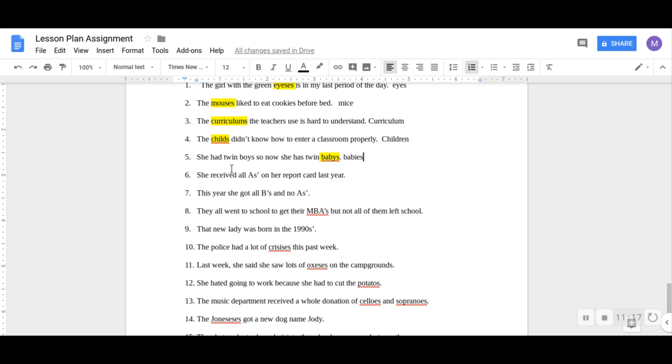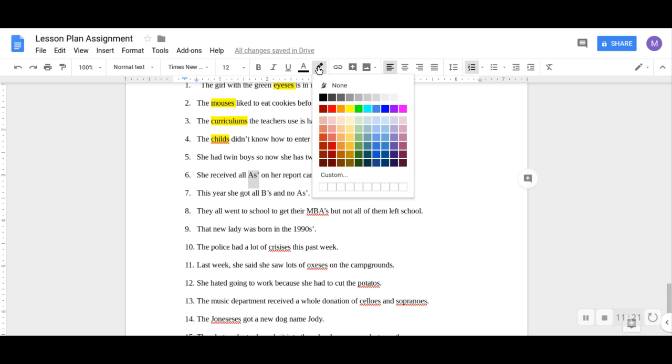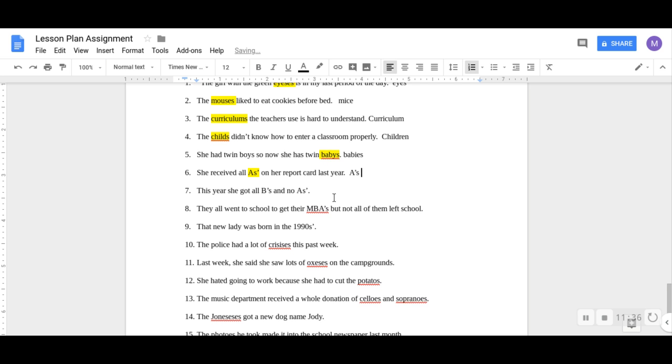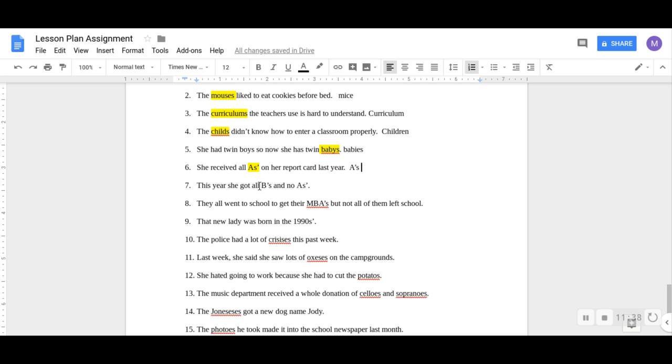She received all A's on her report card. That is not how we do certain letters. I want you to remember the acronym MAUI. M, A, U, and I all do not have an apostrophe at the end. It should be A's. Whereas on number 7, we have it a little bit different.